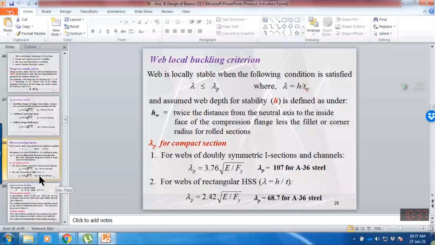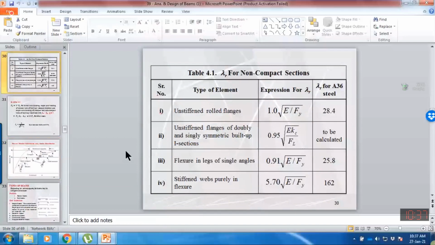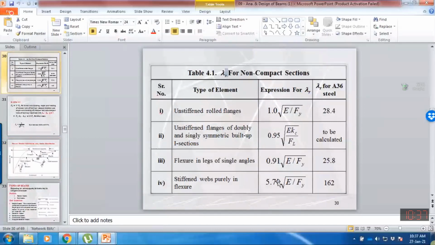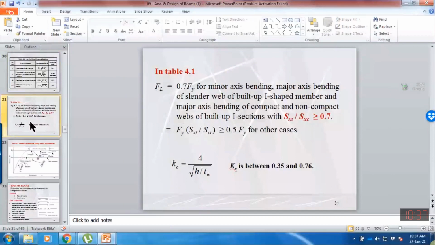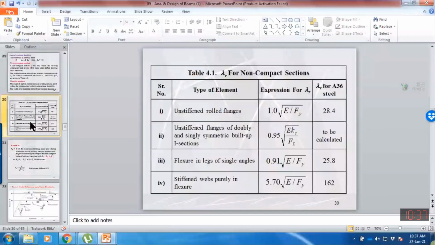This is the lambda r value for the web. Lambda r is 5.7 square root of E over Fy, which is computed by this formula, and the lambda p value is computed by this formula.